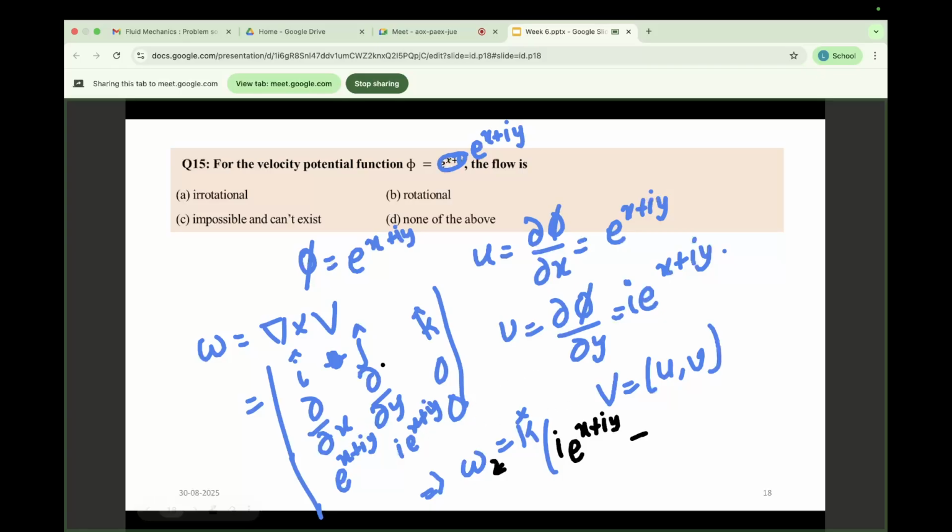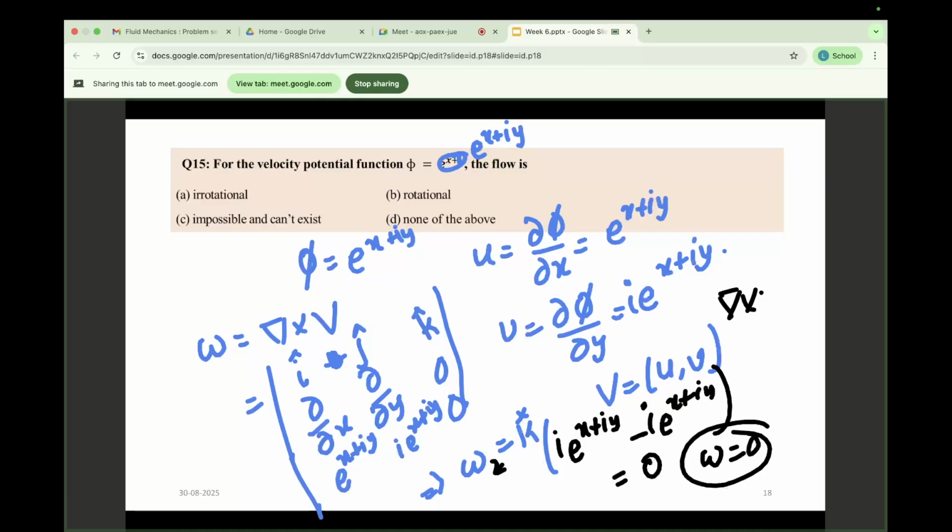First the derivative of u, and sorry, the derivative of this one, which is i e to the power x plus iy. So this one should be 0, right? That means omega is 0. Omega is 0 means the curl is 0. If the curl of a vector is 0, it indicates that the flow is irrotational.